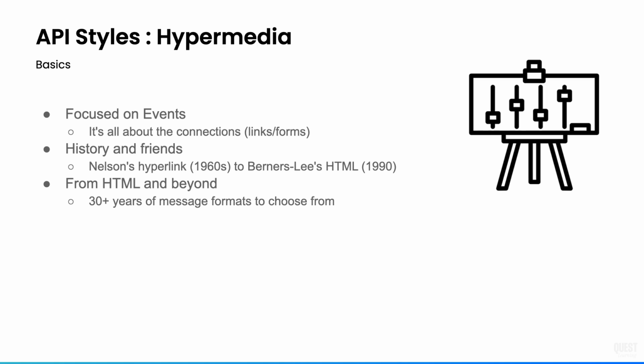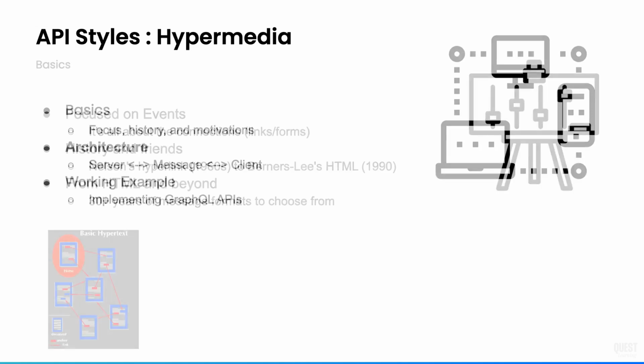So Hypermedia APIs are all about the connections. When you've got lots of connections and lots of forms, Hypermedia is a great style for you. Nelson's 1960s notion of hyperlinking documents grew into Tim Berners-Lee's HTML, which we all use today. And the last 30 years, we've gone beyond HTML with lots and lots of other hypermedia formats.